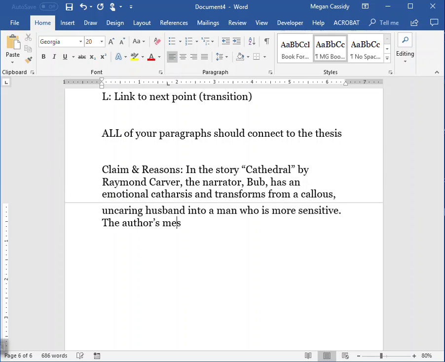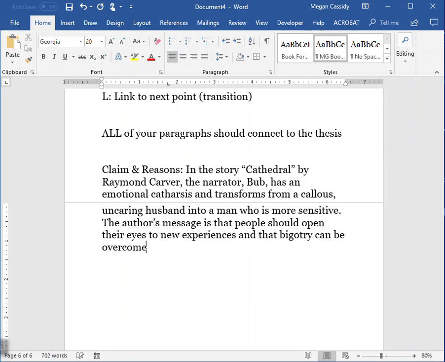The author's message is that people should open their eyes to new experiences, and that bigotry can be overcome by, how do I want to put this?